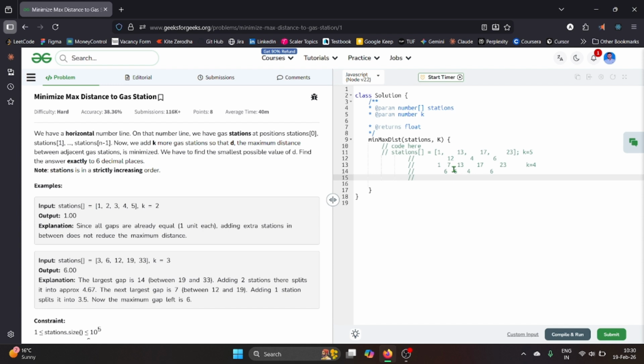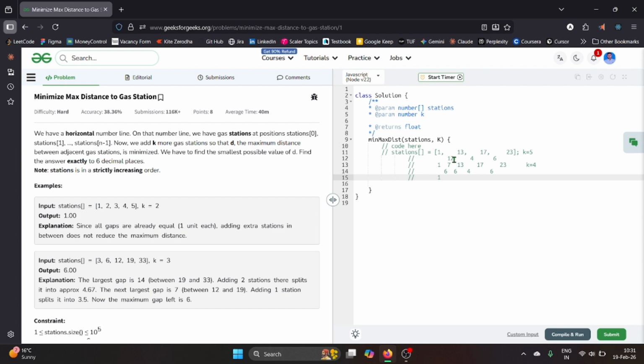But we have not put our new gas station between 1 and 7 because the distance between 1 and 13 can vary. At the initial position we had the gap 12 and we have to put two gas stations.